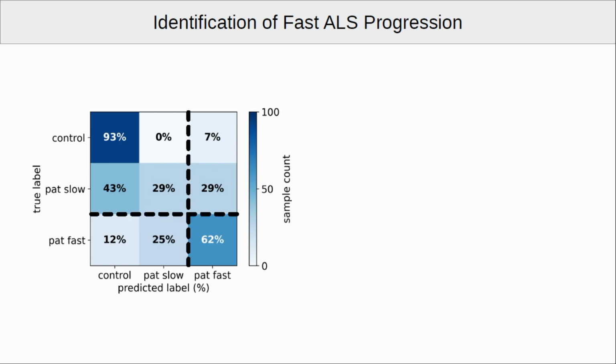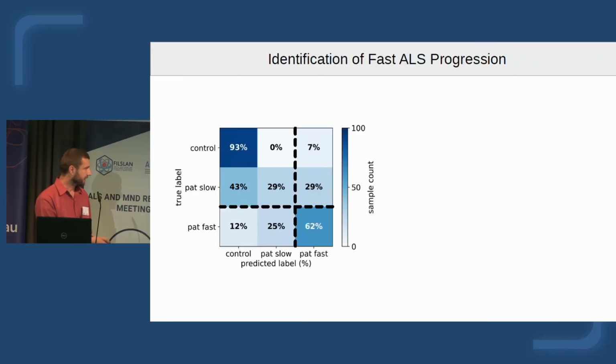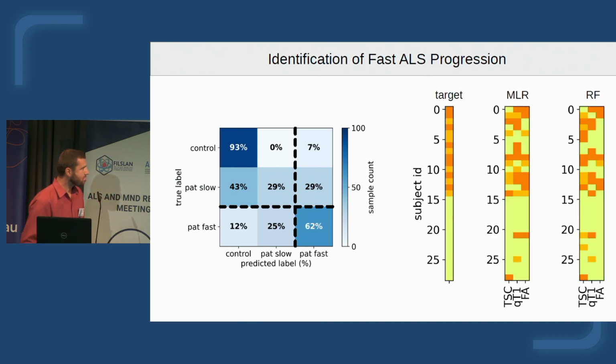But if we think that from a clinical point of view, isolating the fast progressing patients is more interesting, then that's fine, because we know that controls are controls and patients are patients. Using this algorithm, we can still clearly divide with this line and identify the fast progressing patients.